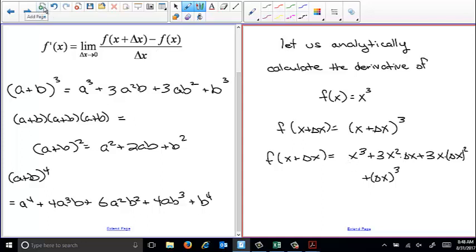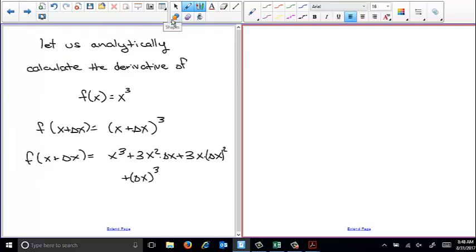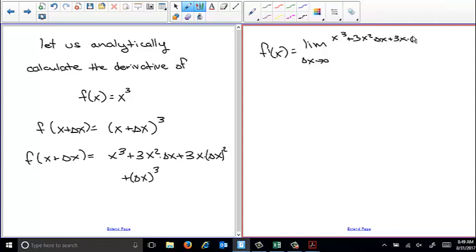Now all we have to do is plug that into our formal definition of the derivative. The derivative of the function x cubed is equal to the limit as delta x goes to 0 of f of x plus delta x, which is this big long thing, x cubed plus 3x squared times delta x plus 3 times x times delta x squared plus delta x cubed.